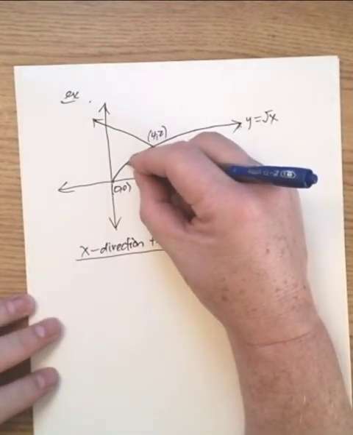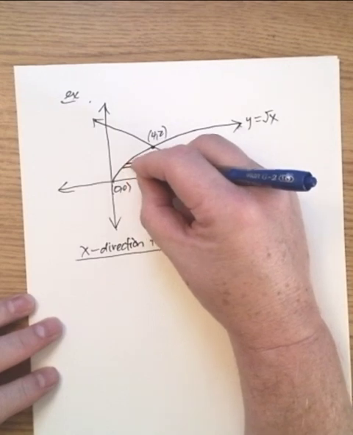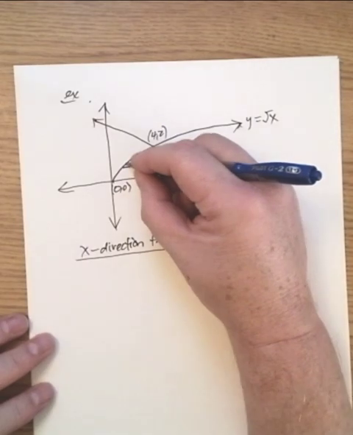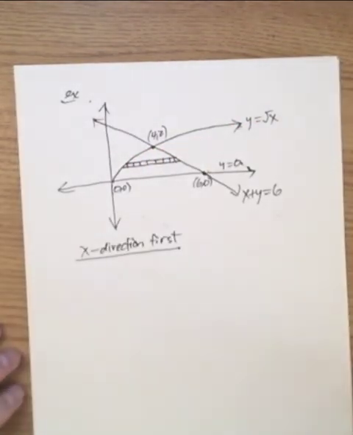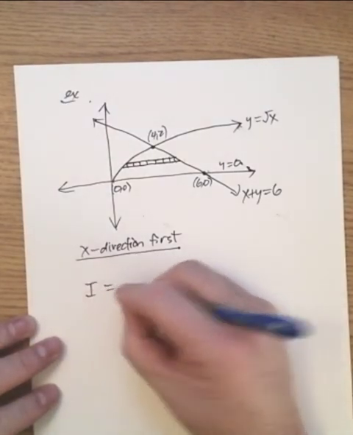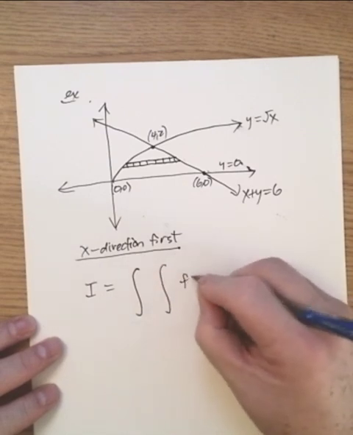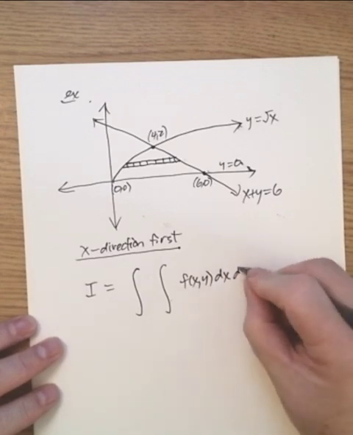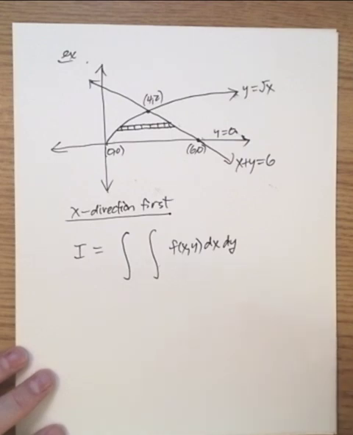Now, I'm going to imagine that I performed a partition on both the y and the x, but I'm holding y fixed, and I'm integrating in the x direction first. So I'm going to write my picket like this. So I is equal to the integral of f of x,y dx, and then we're going to integrate out. Now I claim we can do this in a single integral here.